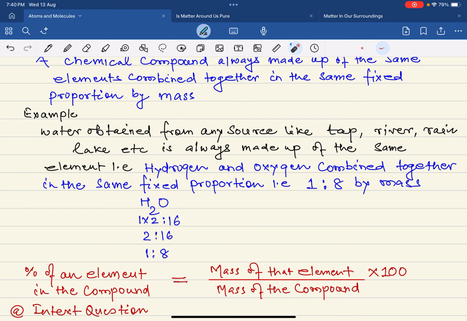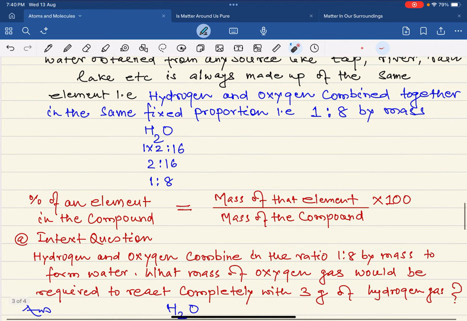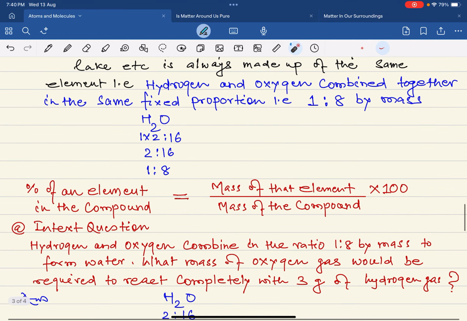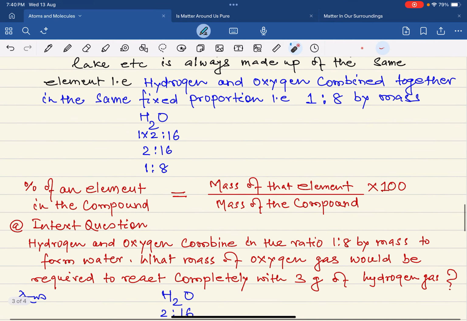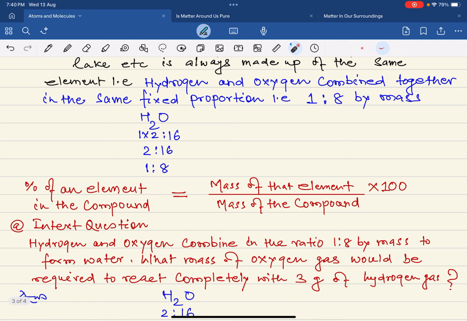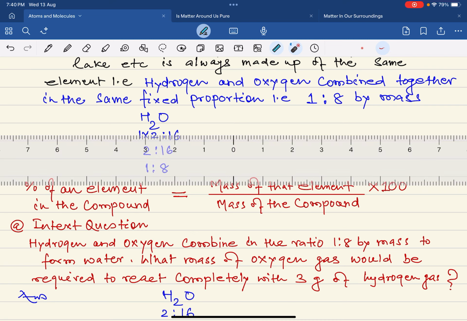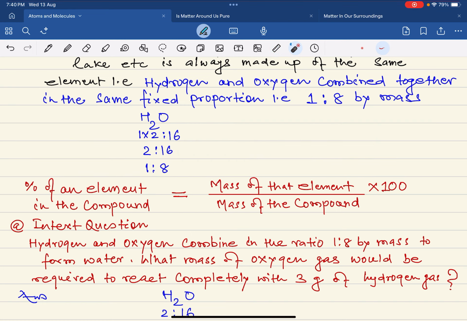Mathematically, we can calculate the percentage of an element in a compound: given mass upon total mass into 100. That is, mass of that element upon mass of the compound into 100.